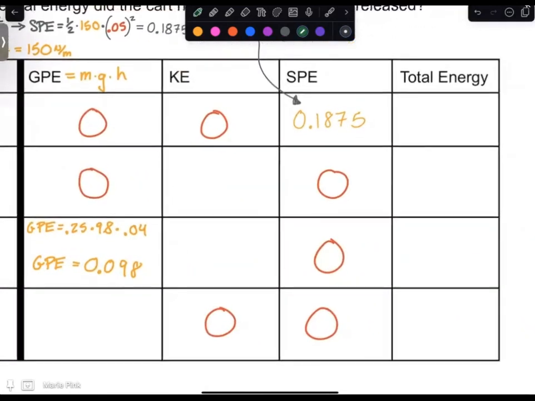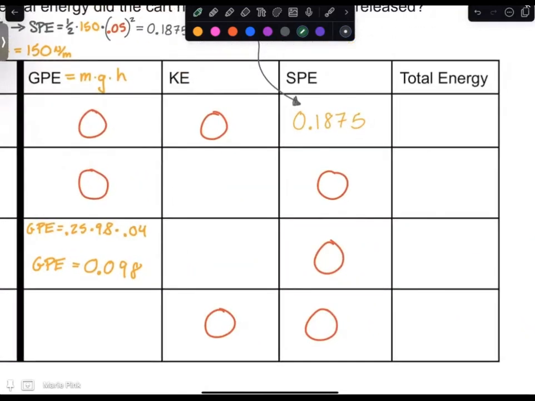Only gravitational potential energy, spring potential energy, and kinetic energy are the only 3 types of energy that we are going to be looking at. And to get the total, we need to add the 3 types of energy together to get the total energy. And so all of these rows need to be equal to the total.